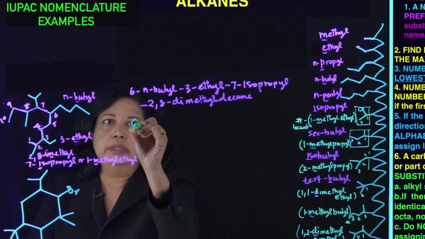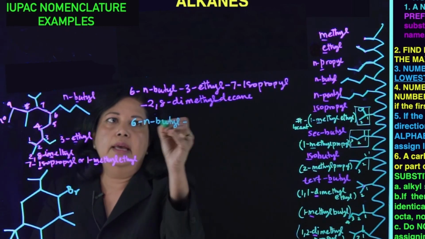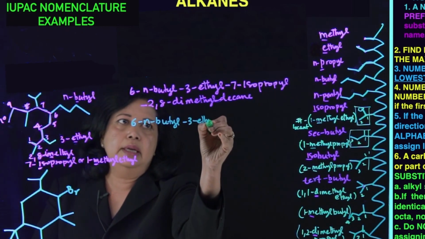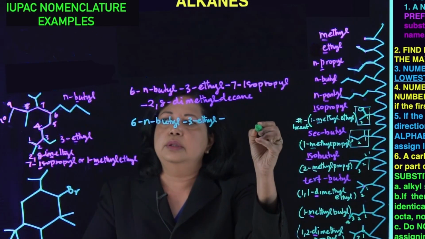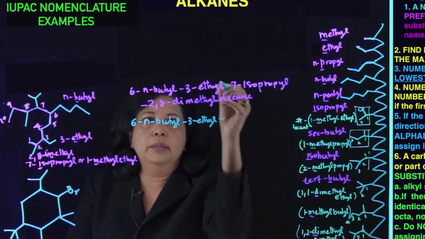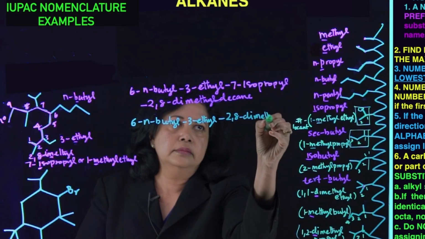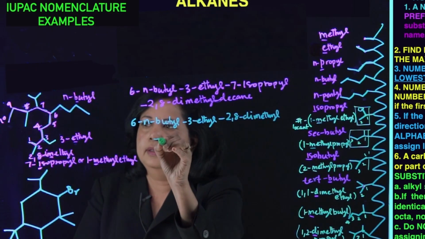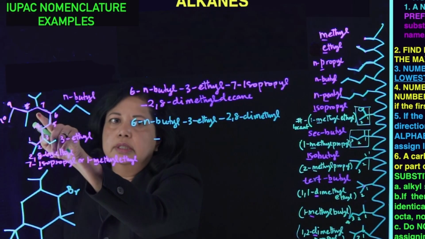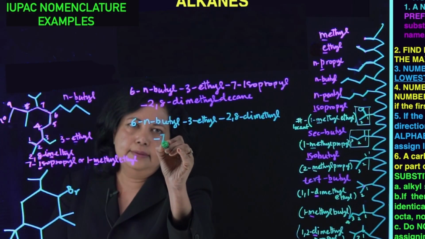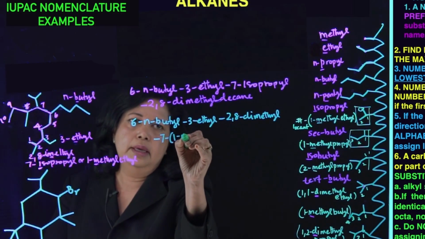So here we can do 6 N-butyl, 3 ethyl because this is going to be the same naming for both, and then 2,8 dimethyl, and then 1 methyl ethyl, and that's on 7. So then that is 7-1 methyl ethyl.